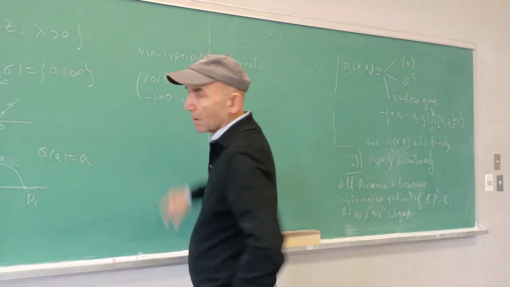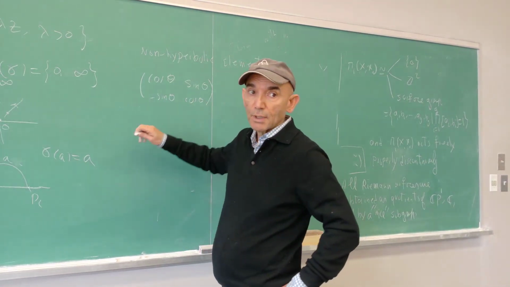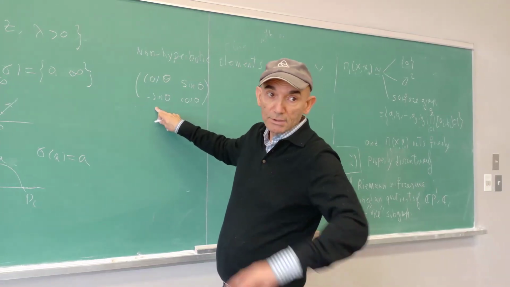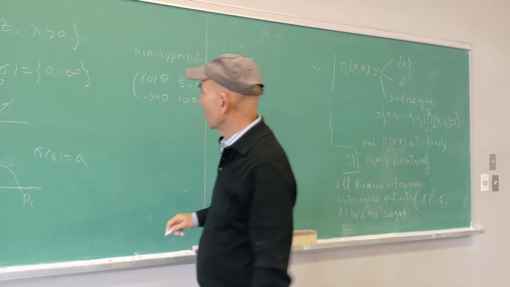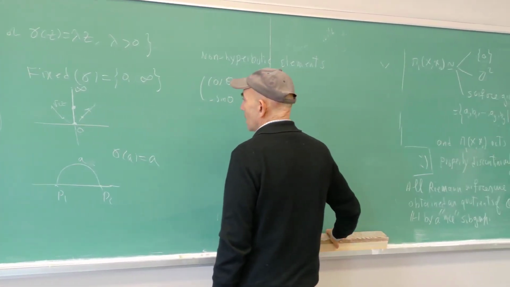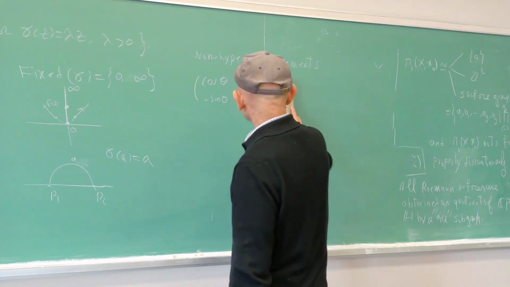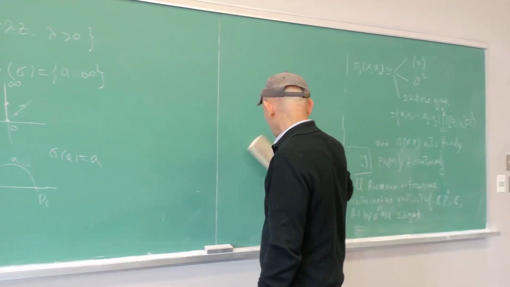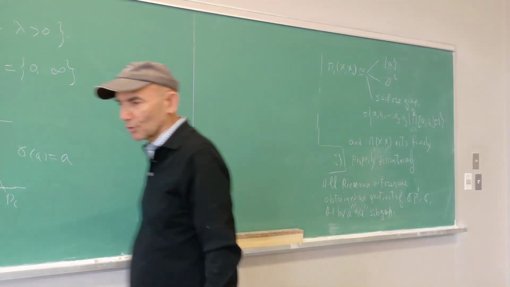This is an element of SL2R, because cos squared plus sine squared is 1, so the determinant is 1. It's also a rotation. Okay, maybe I don't want to discuss this now. Let's not turn this into a hyperbolic geometry course.